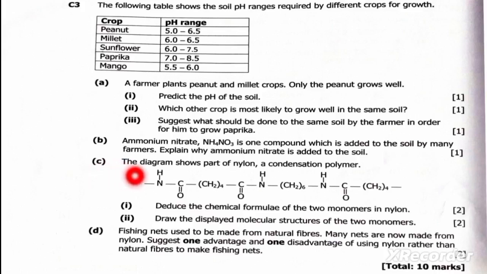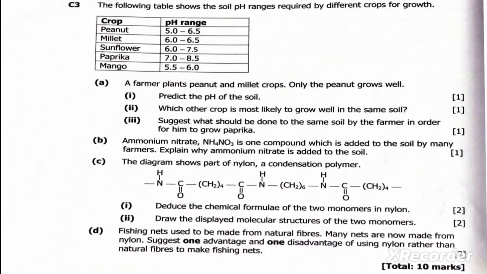Question C, the diagram shows part of nylon, a condensation polymer. Roman numeral 1, deduce the chemical formulae of the two monomers in nylon.